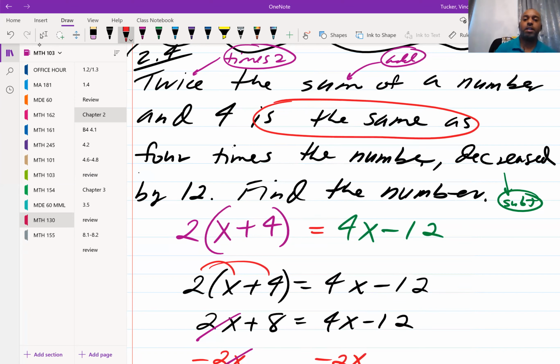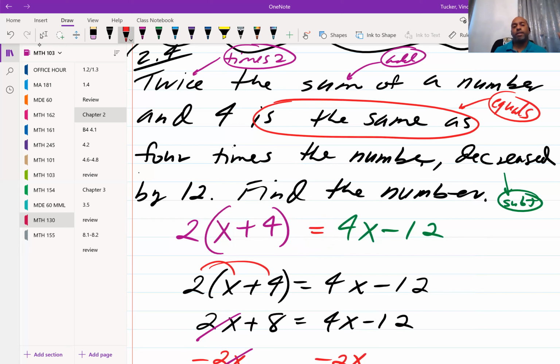So whether it says is or if it says is the same as, that represents your equal sign. So that's always going to be equals. Once again, it could have just said is, and that represents equals as well. But in this case, they use is the same as. So that gives you the right side of your equal sign and the left side of your equal sign.